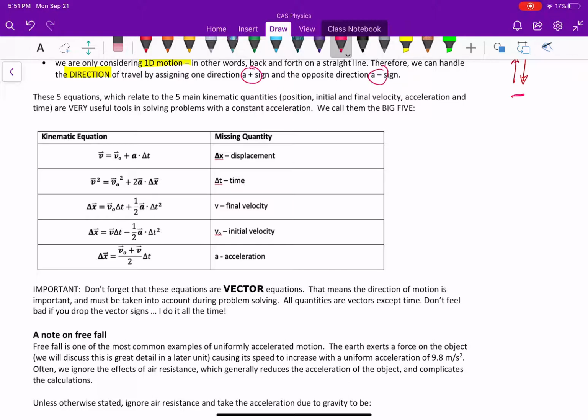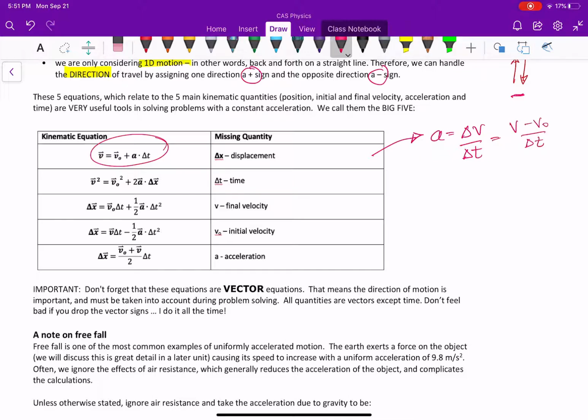For example, this first equation we can derive because we know that acceleration is the rate of change of velocity with respect to time, which means a equals v minus v naught over delta t.